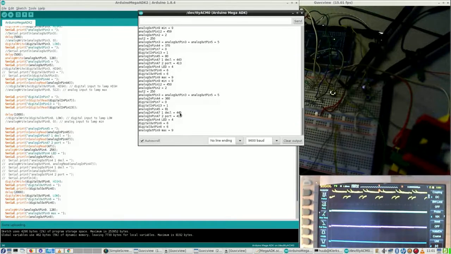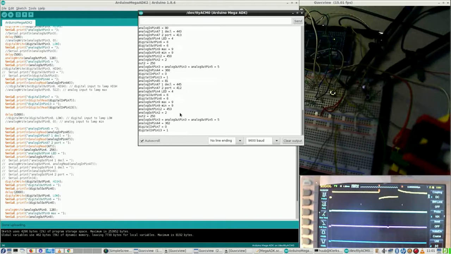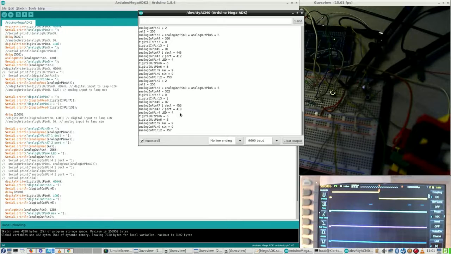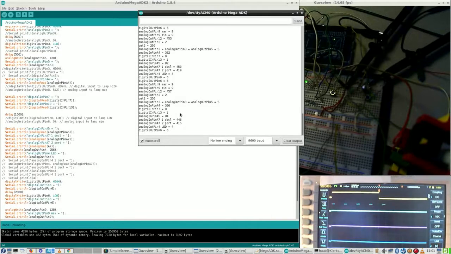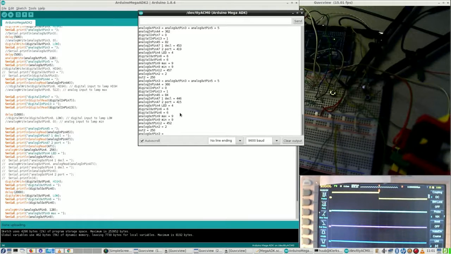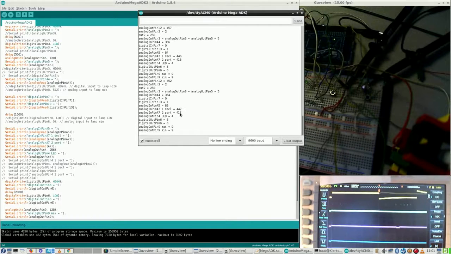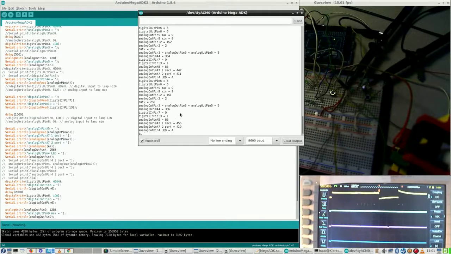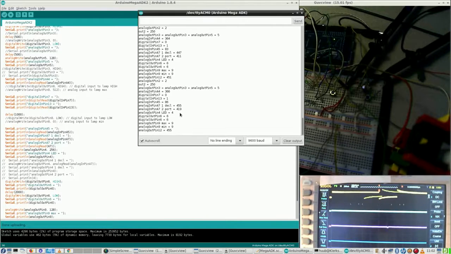Alright, now look here, it's a very different signal. And this is very quick pulse modulation, but quite low actually. So it is a very different signal, and I'm not happy with it, not particularly.